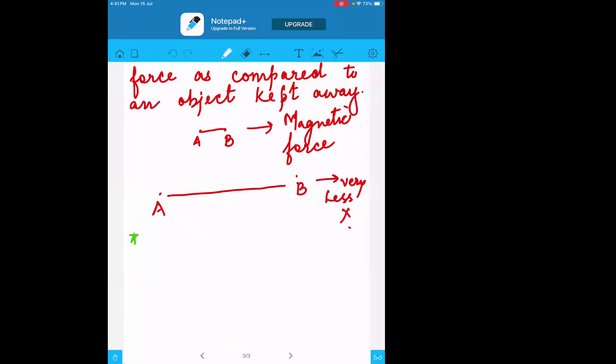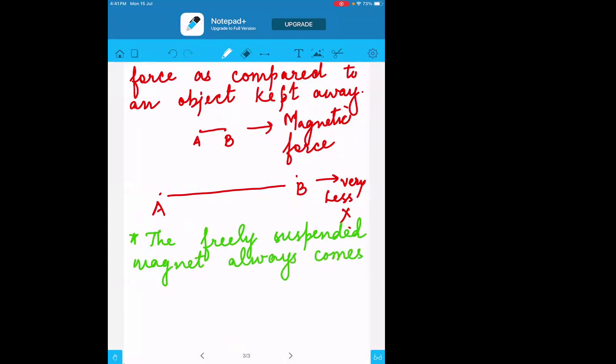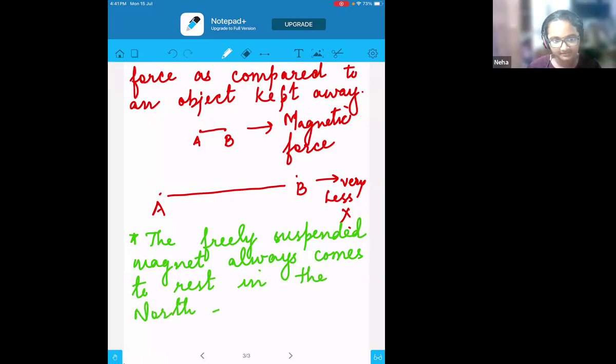Now, the second point says that a freely suspended magnet always comes to rest in which direction? In the north-south direction. Very good, Neha.